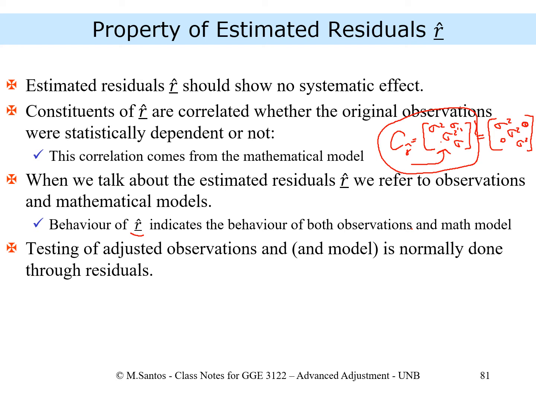So keep in mind the property of estimated residuals: they should be only random, they are correlated, and they indicate the behavior of observations and mathematical models. If something funny happens with the residuals, if you look at the plots and there is a systematic effect, it is either something that was not properly treated in the observations, or it is a byproduct of the mathematical model.